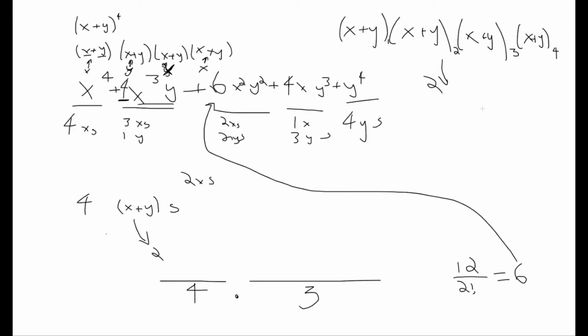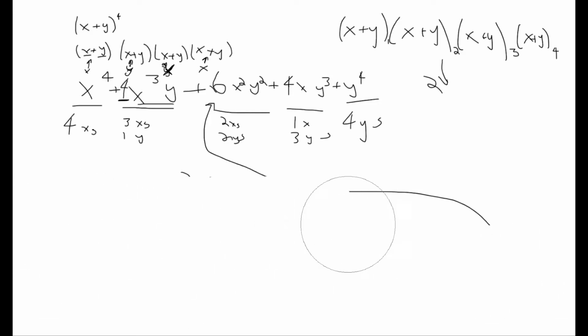And finding out how many different ways you can pick 2 from that group of x plus y's gets you the number of x squared y squareds produced when they're multiplied together, okay? Because we know that there are going to be 2 x's in the x squared y squared, so we know that 2 of these must be chosen for being an x, and therefore the other 2 will automatically be y's. And then I found out the number of combinations, which is 6, to get our coefficient.